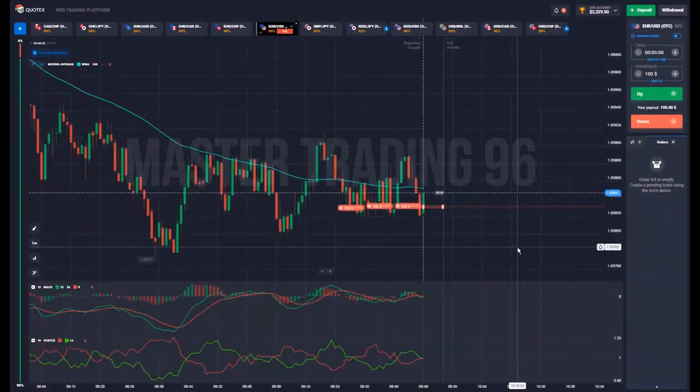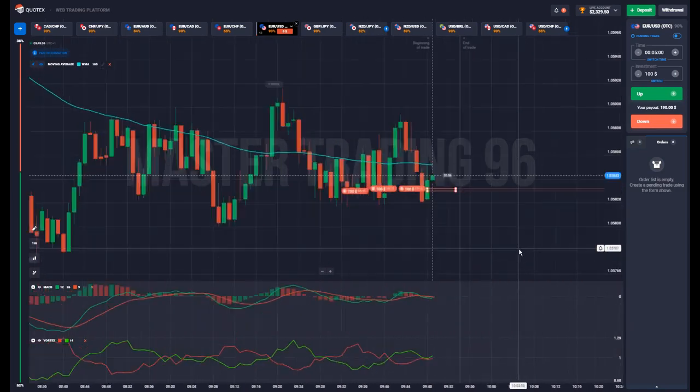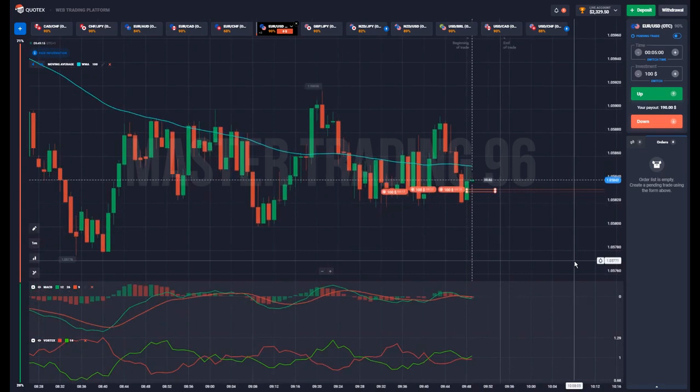This is another sell entry following the strategy. The moving average is indicating the market is in a downtrend as it is going downward and the candles are below it.